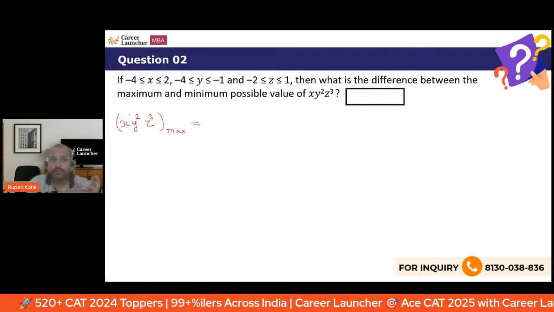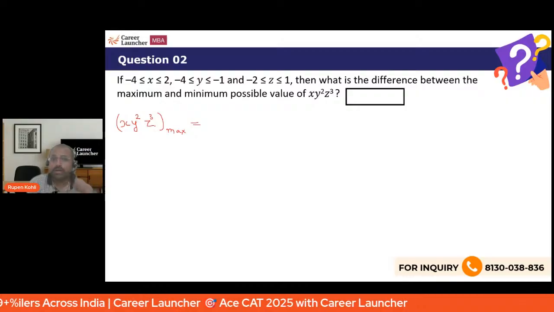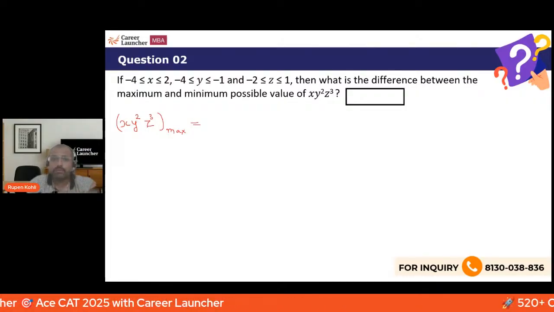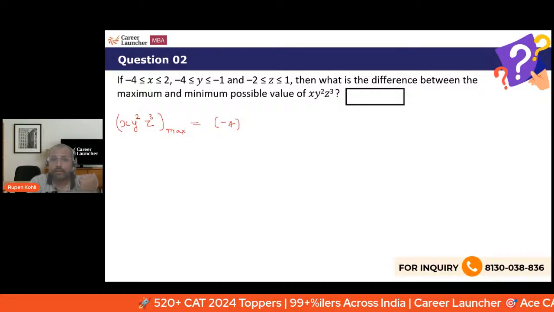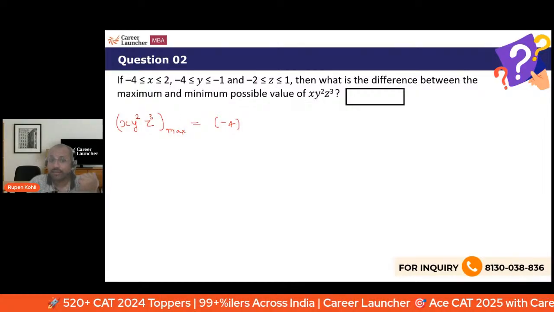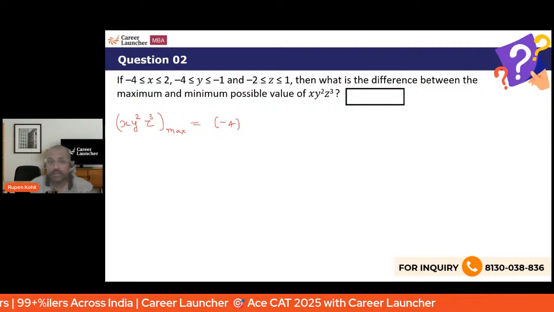So you see, y square is for sure positive. If x and z both are negative, then x into z cube will eventually be positive. So why not do that, which is take x as -4. And since z is also going in the negative range, and you can again see that the higher magnitude is on the negative side, so take z as -2.